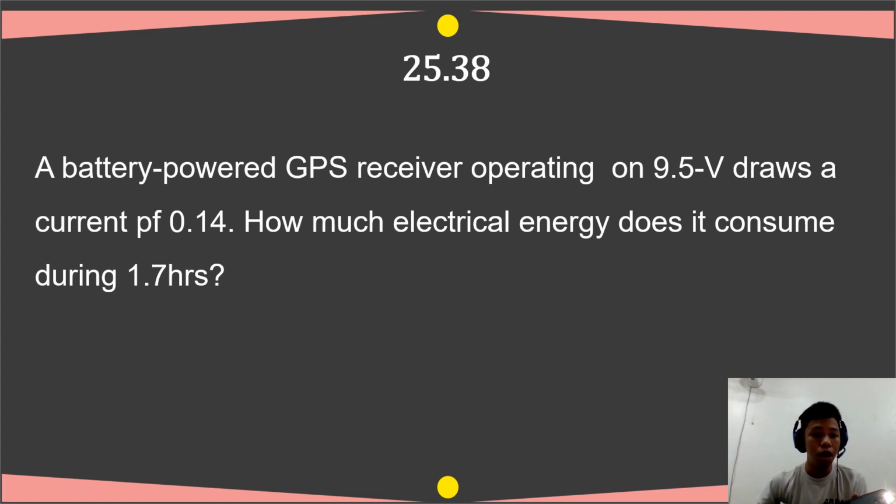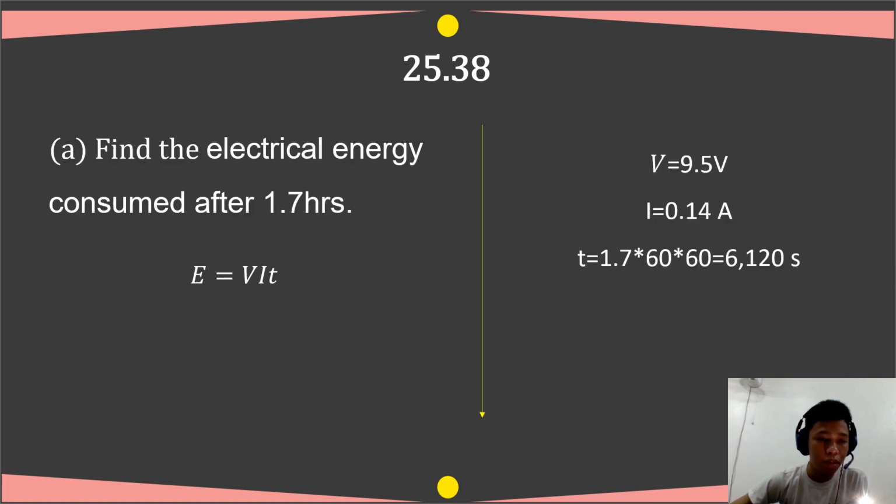Next problem. A battery-powered GPS receiver operating on 9.5 volts draws a current of 0.14 amperes. How much electrical energy does it consume during 1.7 hours? So we were asked to find the electrical energy consumed after 1.7 hours.